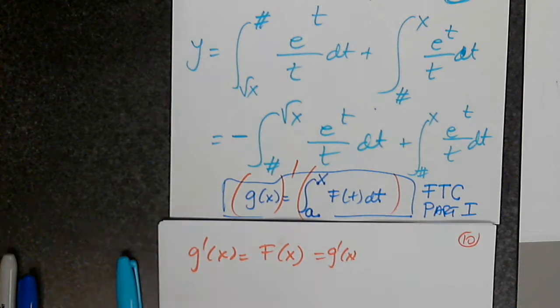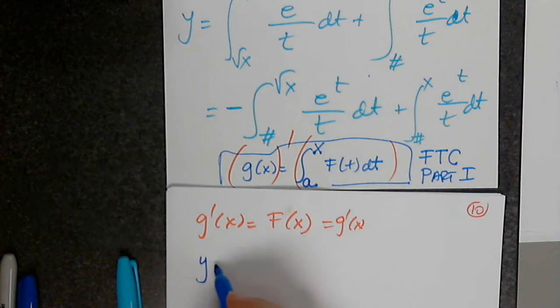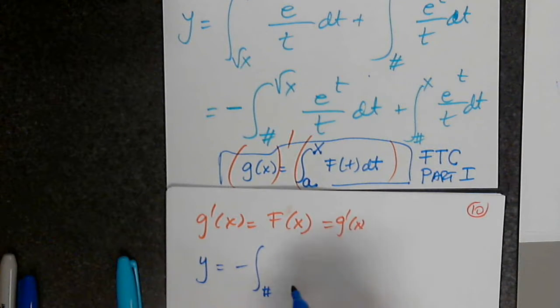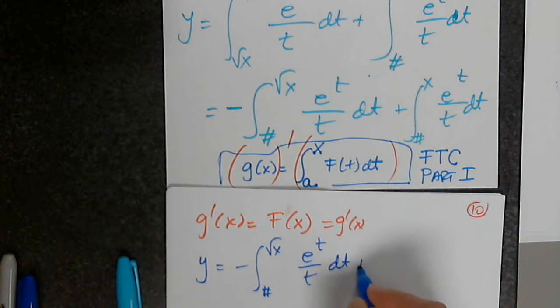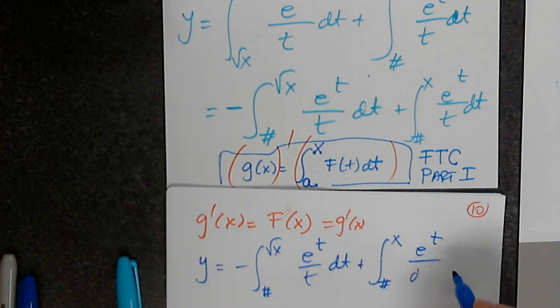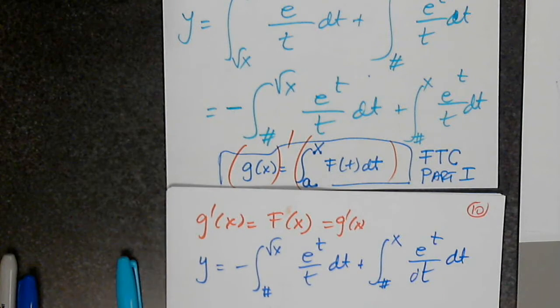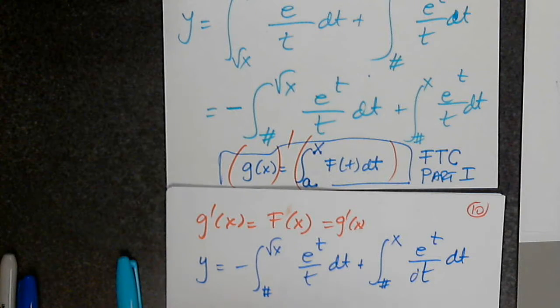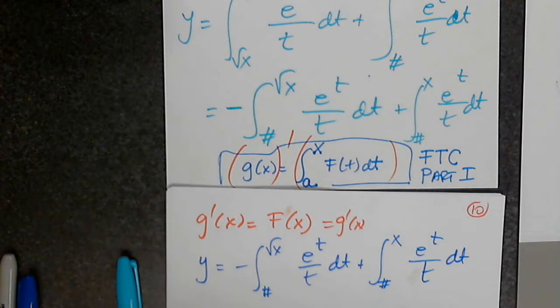Okay, so then we're coming back here. I'm just going to copy what we have. We have y equals negative the integral from this number to the square root of x of e to t over t dt, plus the integral from the same number to x of e to t over t dt. And now we are ready to differentiate. I differentiate the left-hand side and the right-hand side.